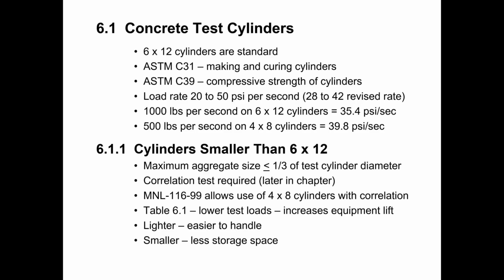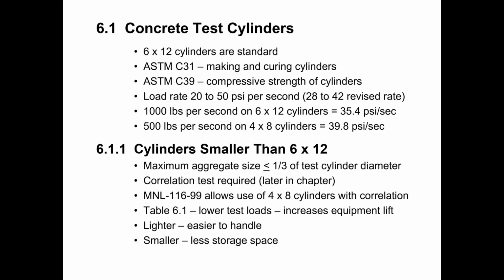If you're going to use a cylinder smaller than 6x12, correlation testing is required. Correlation testing is where you do tests for the smaller cylinder and compare those results to the results from 6x12 cylinders, statistically evaluate those results and determine whether or not the smaller cylinder accurately, within a reasonable error, replicates the strength that would be indicated by a 6x12 cylinder.